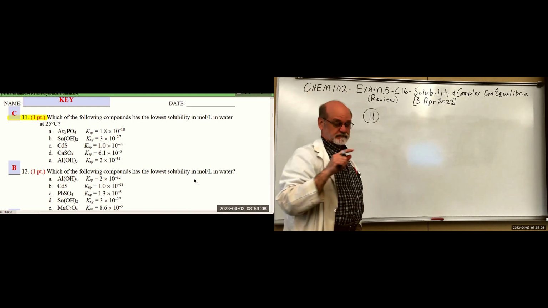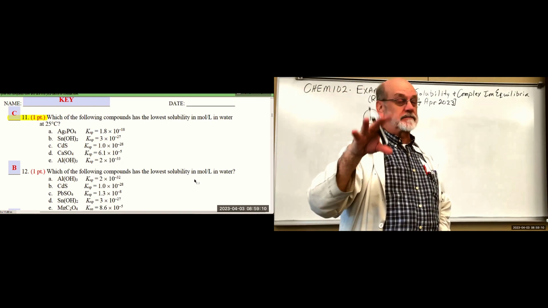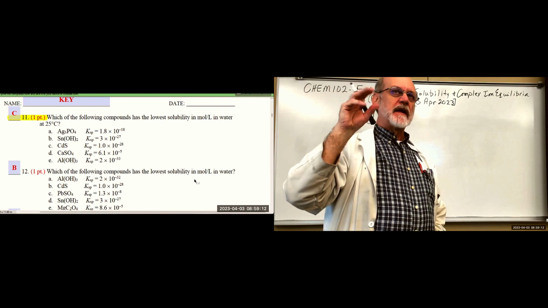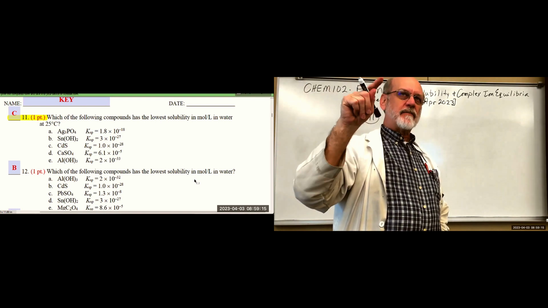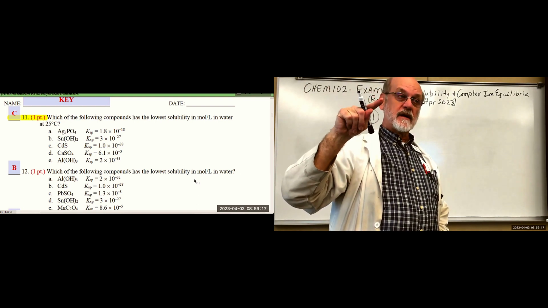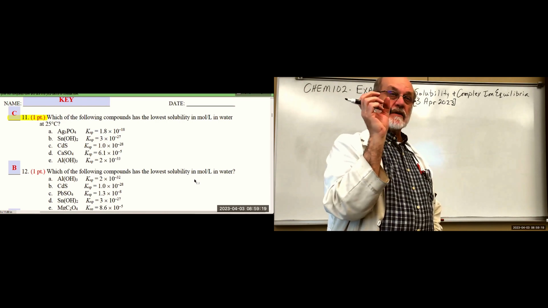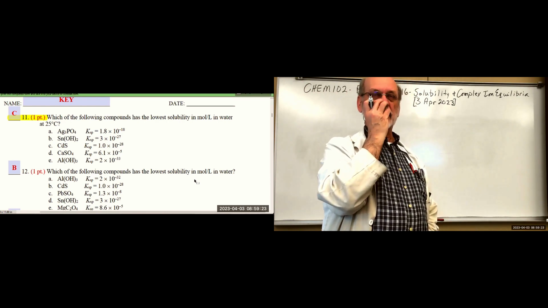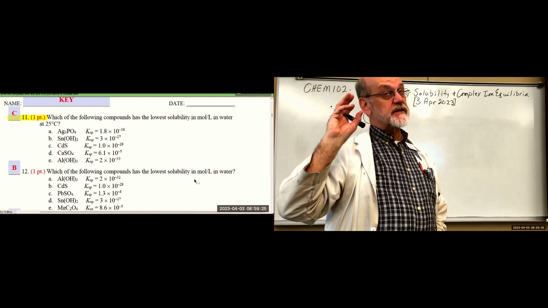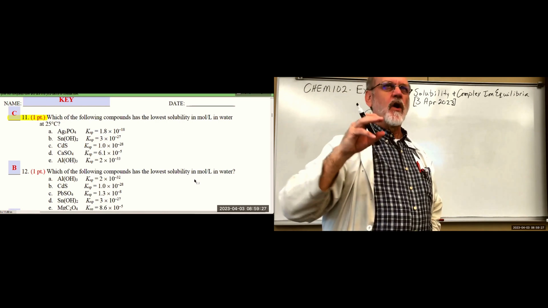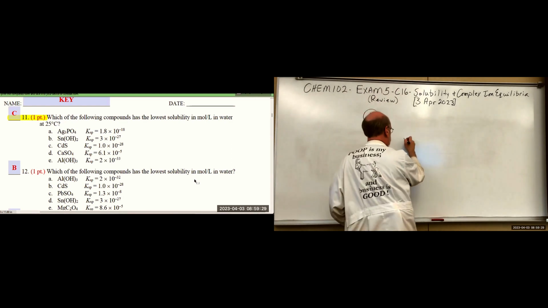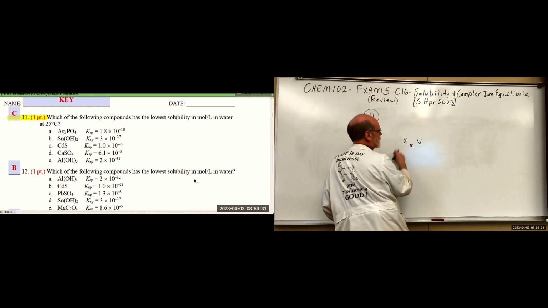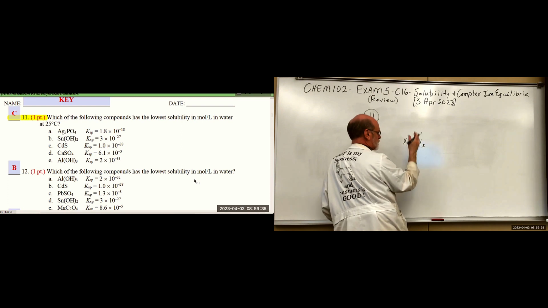One thing is, we can't use the trick here, but if every compound that you're comparing gives you the same number of ions in solution, or it's the same overall form, like if you've got X and Y, say 3 of these and 1 of those, or 3 of these and 2 of those, something like that.